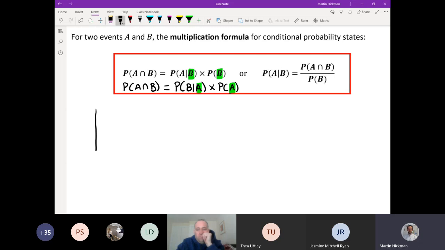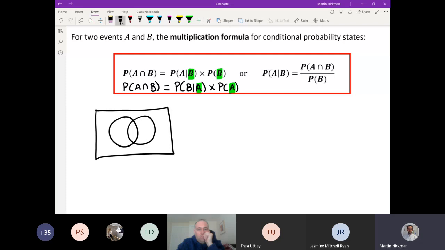If I draw a Venn diagram here, and I'm looking at the probability of A, given that B has already happened, remember from Tuesday's lesson, I would need to restrict my sample space. So if I'm given that B has already happened, I'd have to restrict my sample space to just this. And if I'm then looking at the probability of A, I can only look at where A happens within that restricted space.